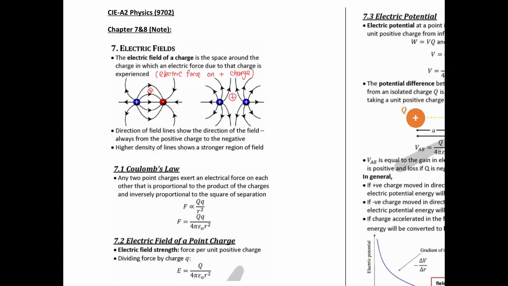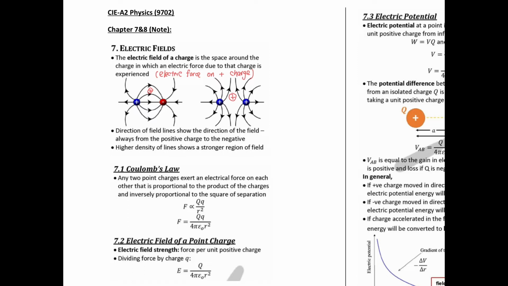Back then when we went through the formula, we had Newton's law of gravitation. Newton's law of gravitation is very similar to Coulomb's law. So it is about two objects that attract each other. So I put it at the side here as reference or comparison so that you can see.